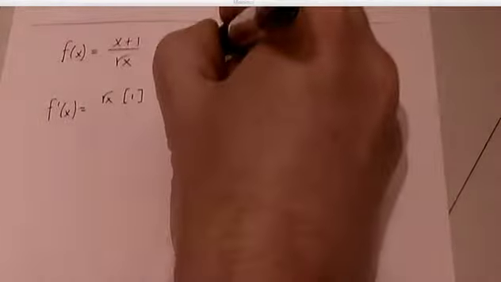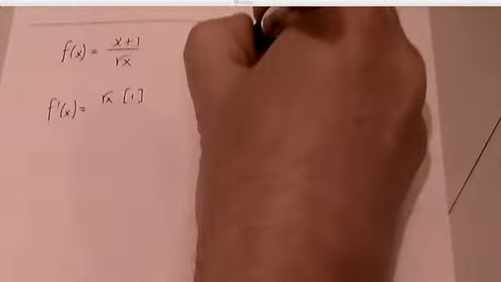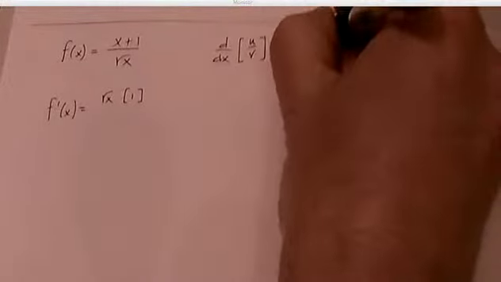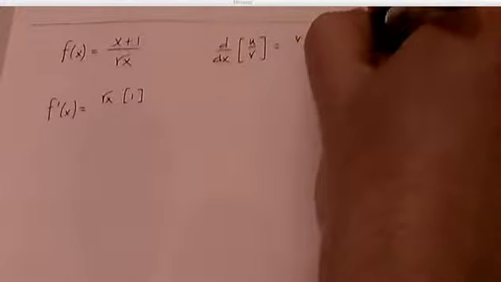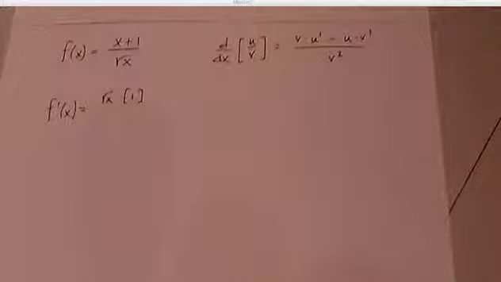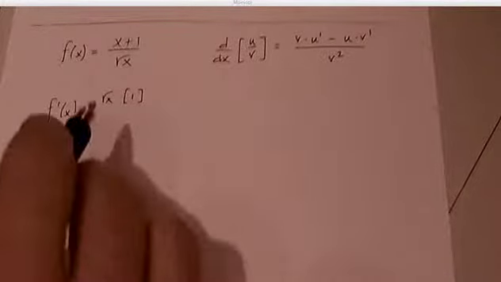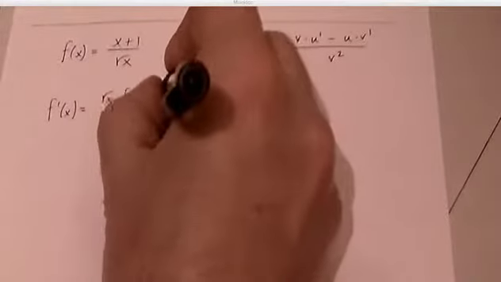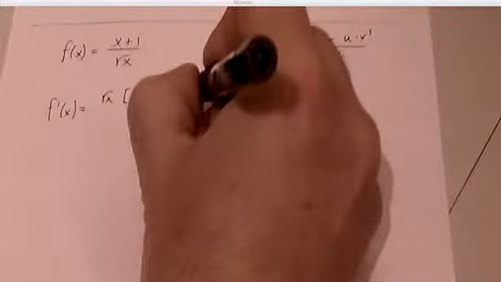Because remember, if we're taking the derivative, and I won't use f and g, I'll just use u and v since it cuts down. You have the bottom times the derivative of the top minus the top times the derivative of the bottom, over the bottom squared. So instead of f and g, we just have u and v. It's the same deal: v times u prime minus u times v prime.